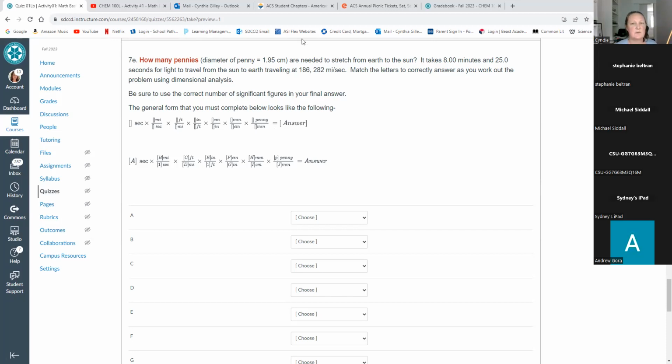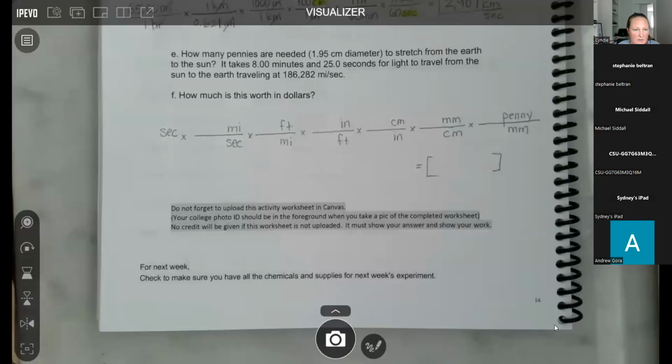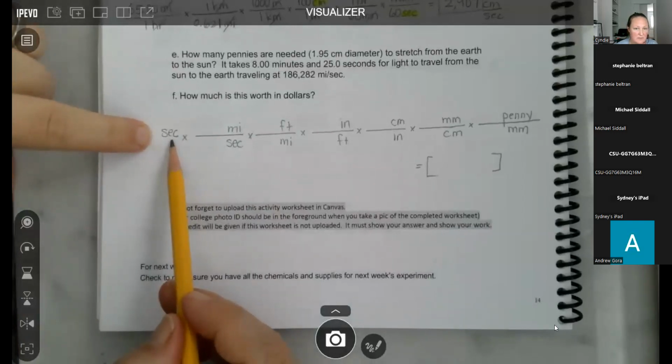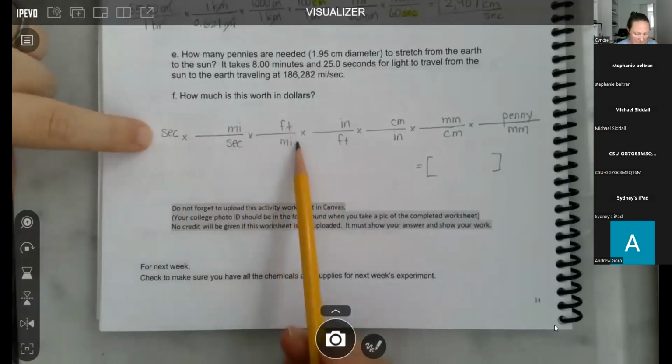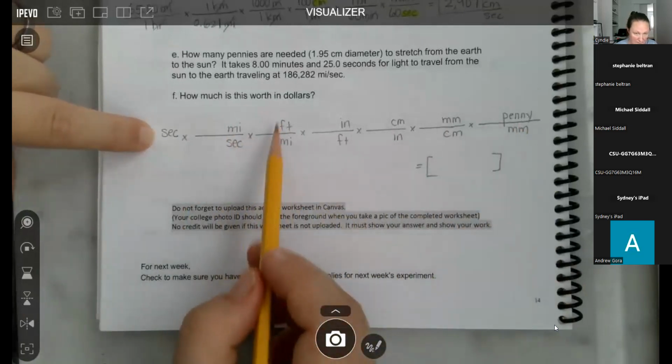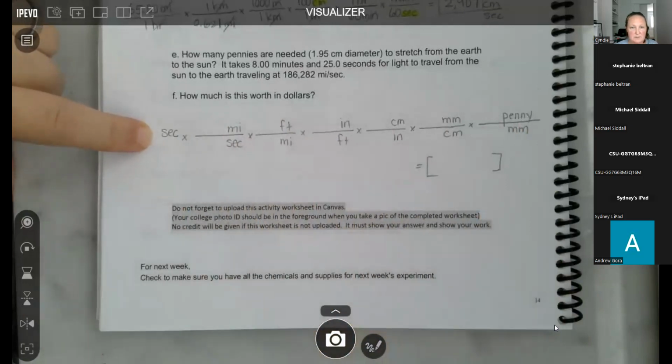Okay, so let me show you what I did here. I basically just set it up exactly like that. I looked and saw what he started with, and then every single conversion that he wanted until the end where we got the answer. That way, all I have to do is look up these conversion factors and put in the numbers.